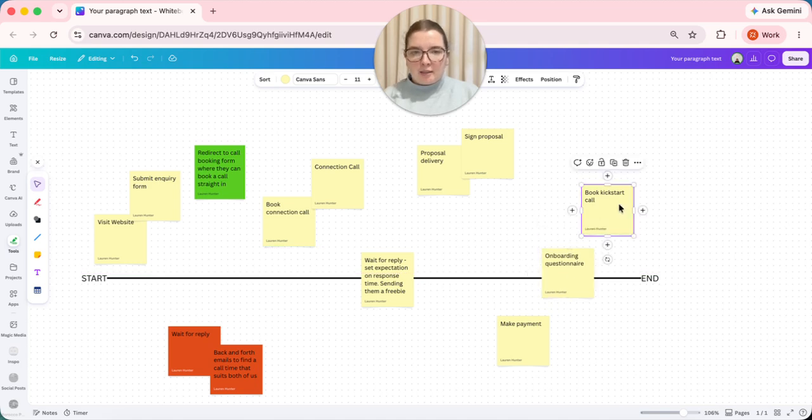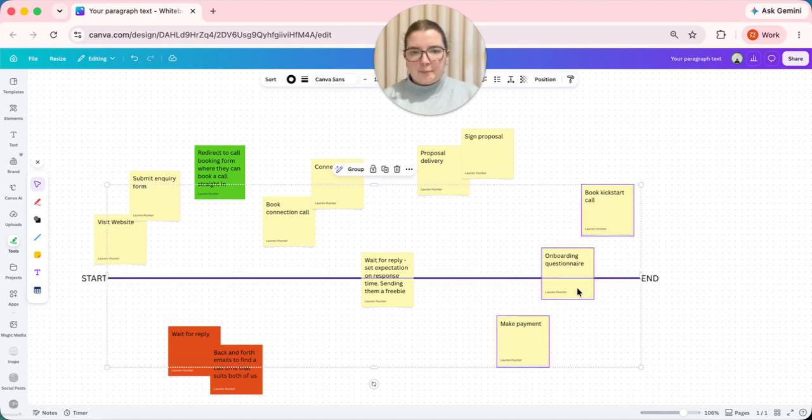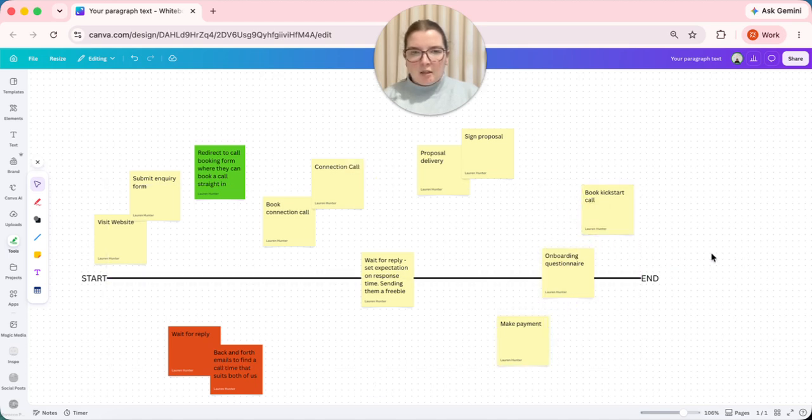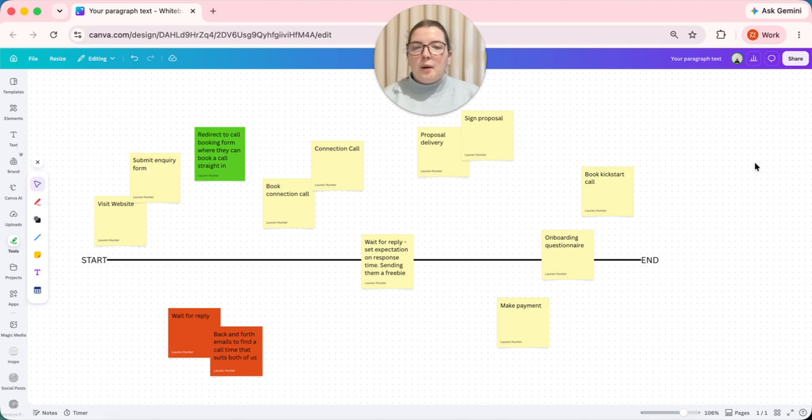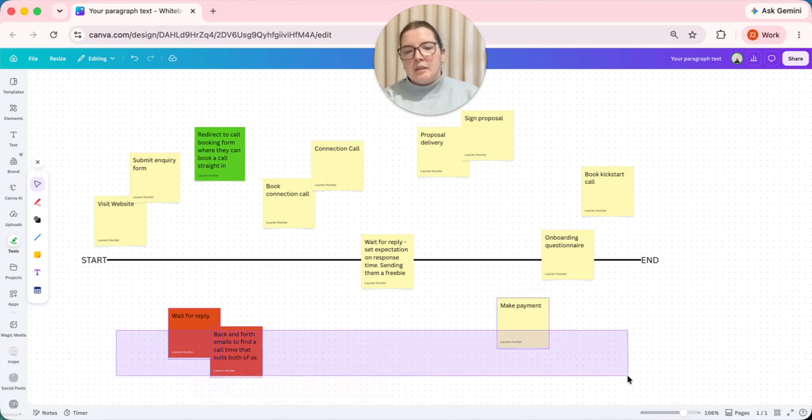And then booking a kickstart call, we can bring these all closer together so that they are happening sort of back to back rather than over an extended period of time, because that can make it a more positive experience there. So when we look at this, this can be done for every single part of your client journey with you. What we're basically trying to do, we're not trying to remove these lower ones, because sometimes it's not possible.